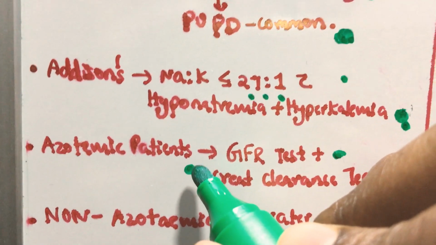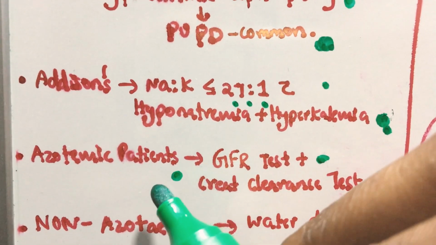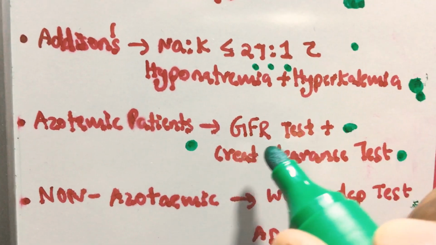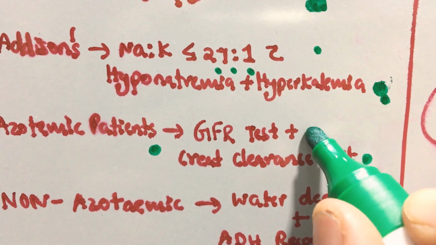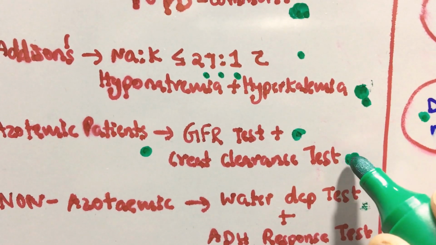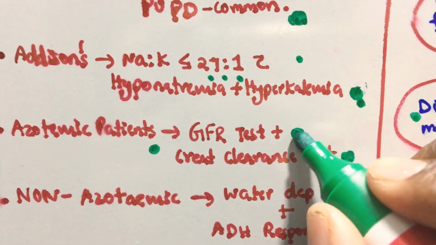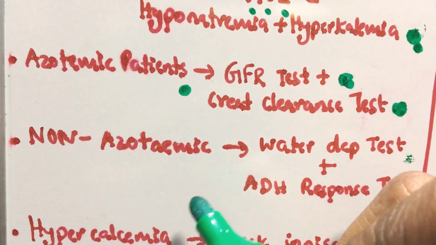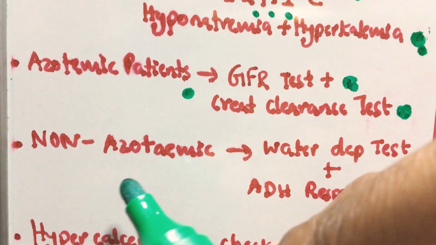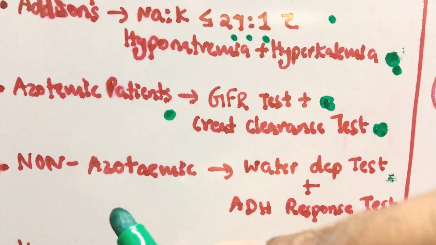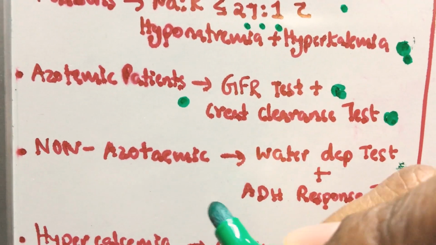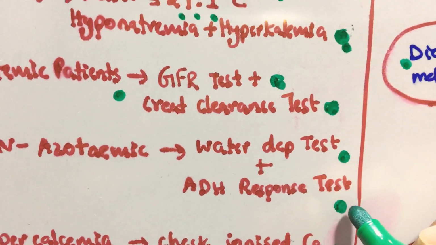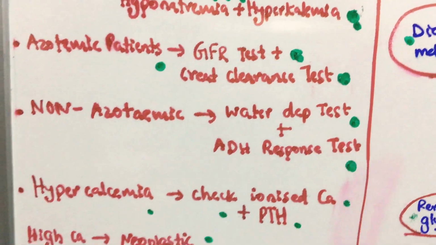And in patients that have PUPD, if there is concurrent azotemia, then you need to do a GFR test and creatinine clearance test to further confirm what is wrong with them. If the patient has no azotemia with PUPD, then you need to do a water deprivation test and ADH response test to further diagnose.